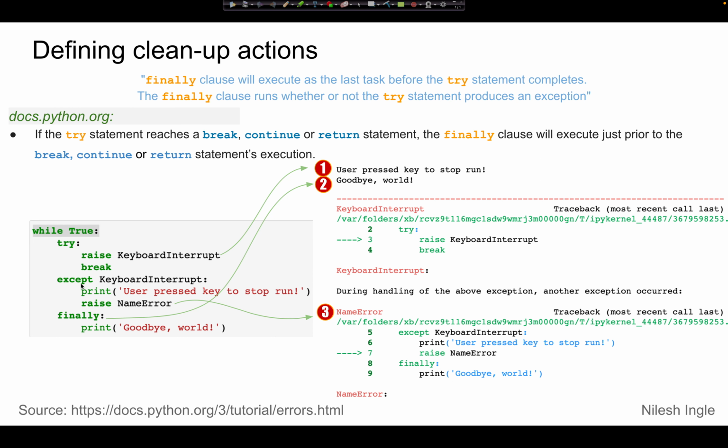After that, the finally block is run as we would expect. And then after that, the second error is raised, which is the name error, and that's what's here in the docs: if the try statement reaches a break, then the finally clause will execute just prior to the break statement's execution.